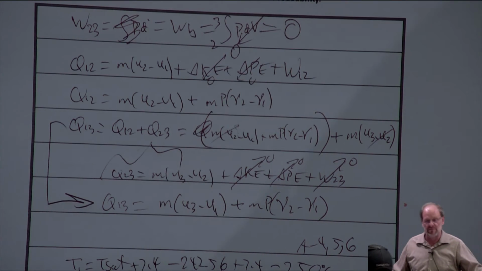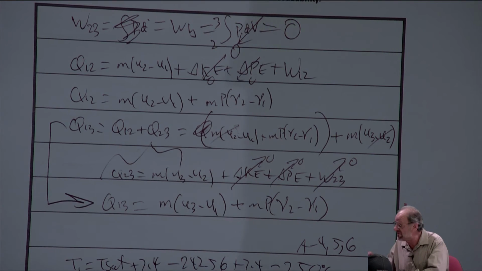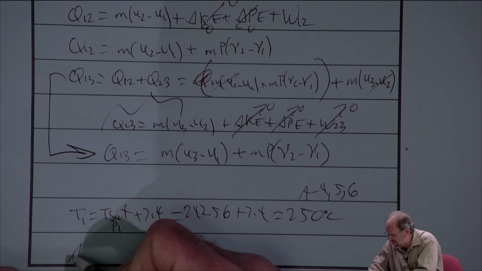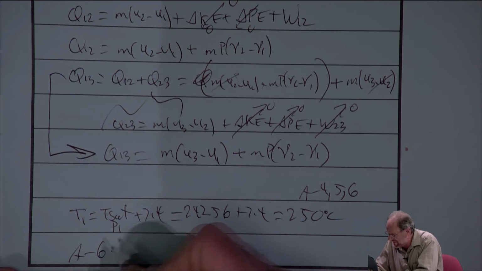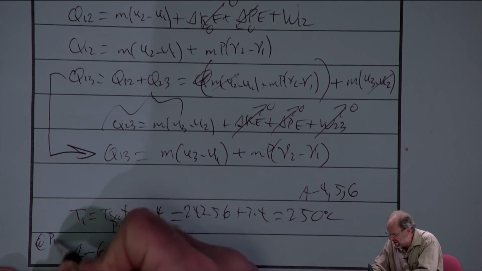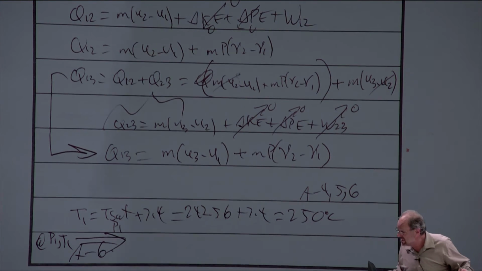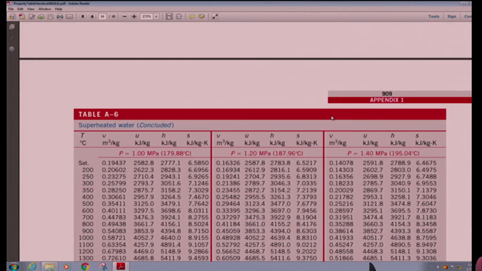So now I have the temperature, I have the pressure. So now I need to go into table A6 at P1 and T1. So on to A6. Remember that we have these subtables for superheat.